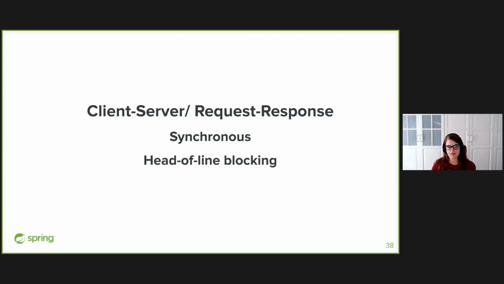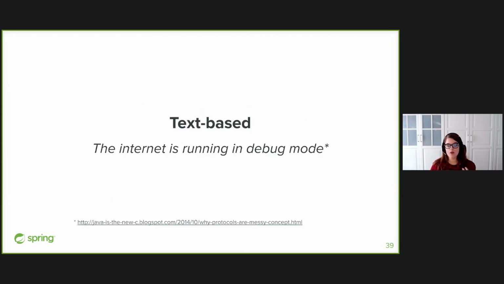So a lot of times our clients will keep polling the servers to check if anything has changed, because there is no easy push mechanism where the server can just inform us of some change. It is also synchronous, and because it is typically TCP based, there is a lot of handshake overhead for every connection. And as there is the head of line blocking problem, we usually have various connections open, which is not very efficient. Also, HTTP 1 is text-based.